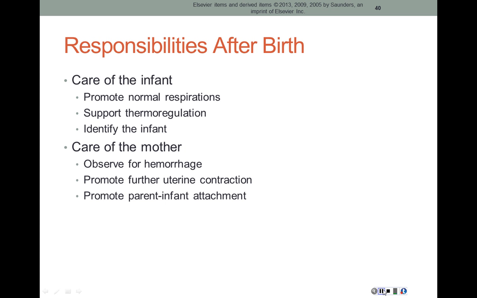And we got to make sure also that dad or significant other has the same identifying bracelet on, because most maternity wards are locked units. You cannot come in unless you are buzzed in. Babies have monitors on them that if you get too close to a door, the alarm will sound and everybody comes running because they think you're trying to abduct an infant. And people do that, and that's one of the reasons why we have that now.